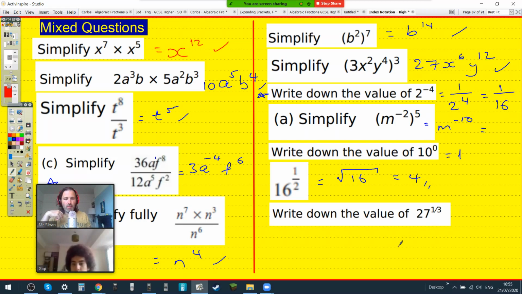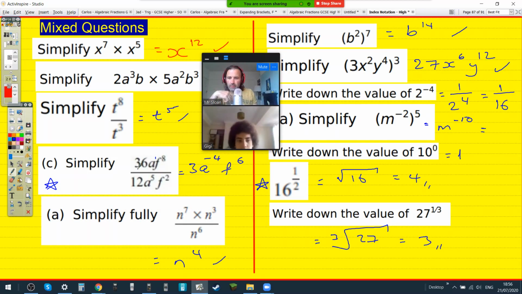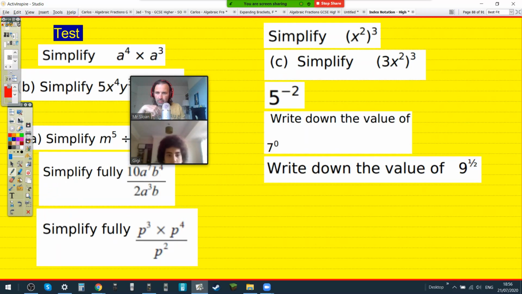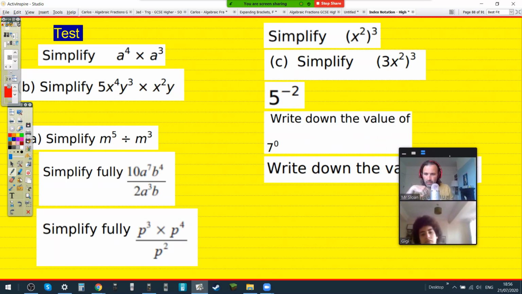And 7, that is cube root of 27, which is 3. That's it. So we have to do dividing terms, fractions, negatives. The stuff that's always difficult.